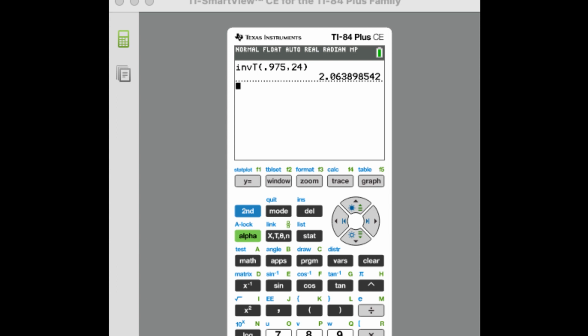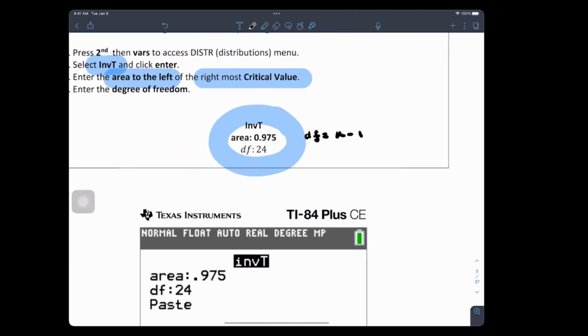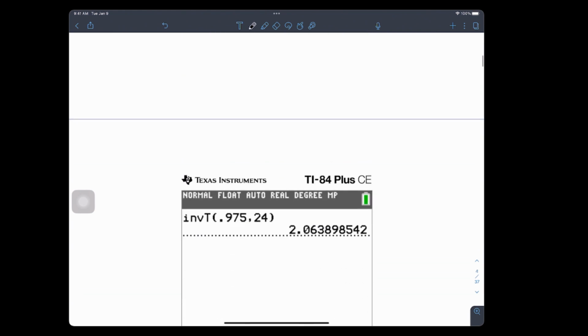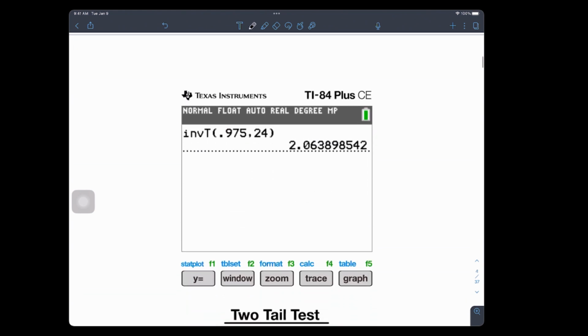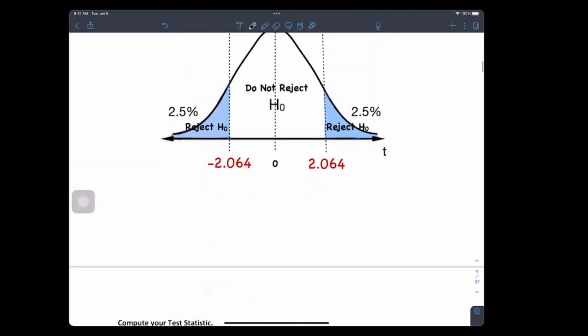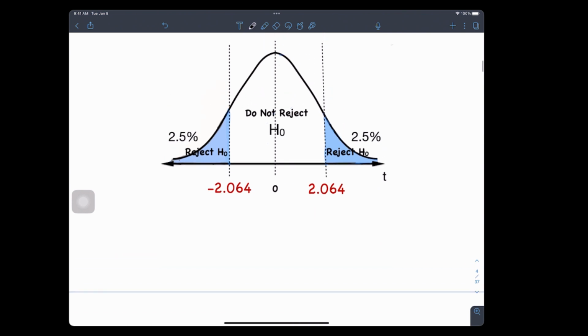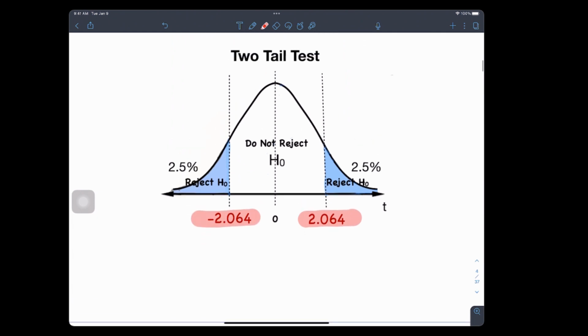Isn't it 2.064? Is that true? So I'm showing people here in the notes, this is why we get the critical values to be positive 2.064, negative 2.064 in our two-tail test by the traditional method, inverse t. Anyway, I think the table was a lot quicker.